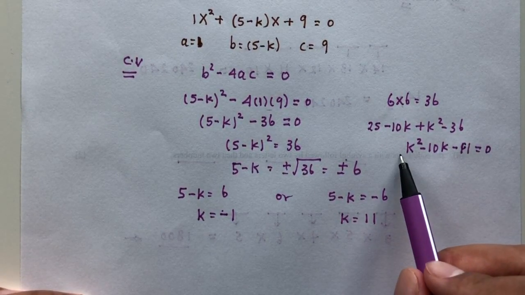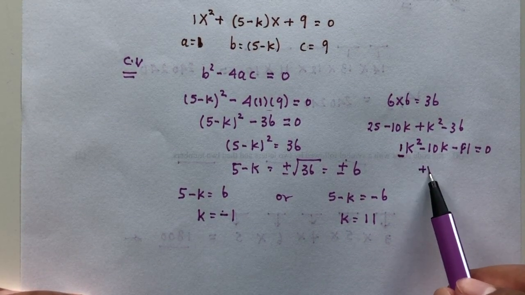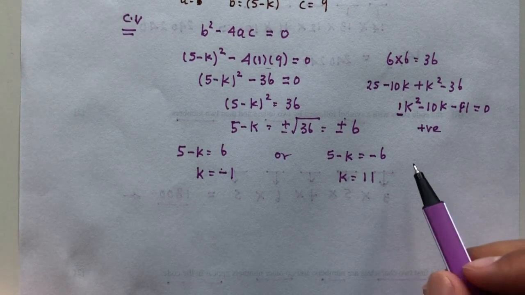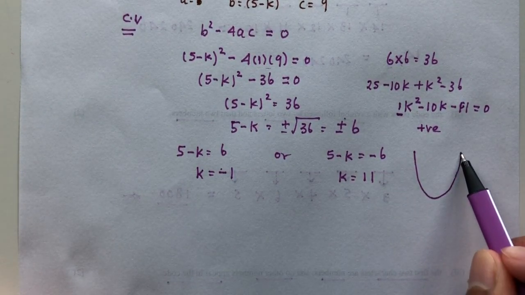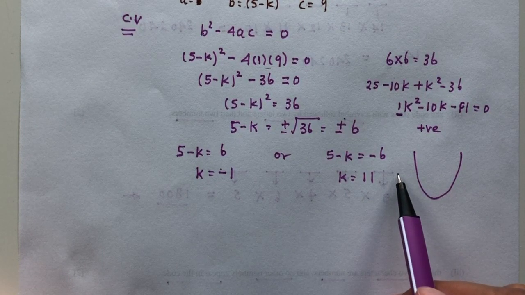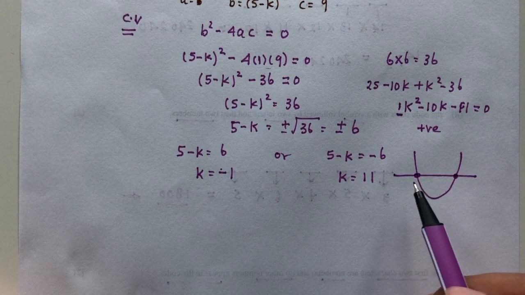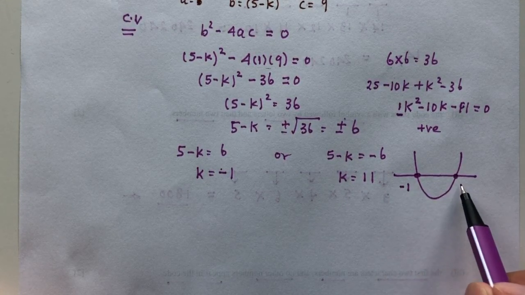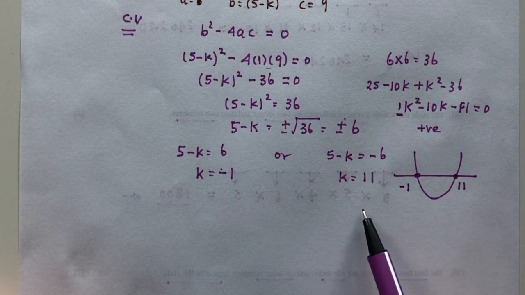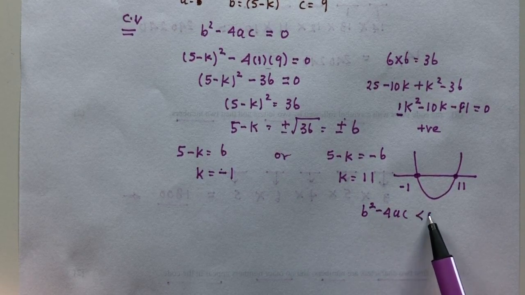Now you see the coefficient of k squared here is positive 1. Since it is positive, the shape of the curve will look like this, right? Now these are the critical values. It means that at the x-axis, it cuts the curve at 2 points. The one point is minus 1, and this one will be 11. Now we want to know where b squared minus 4ac is less than 0.